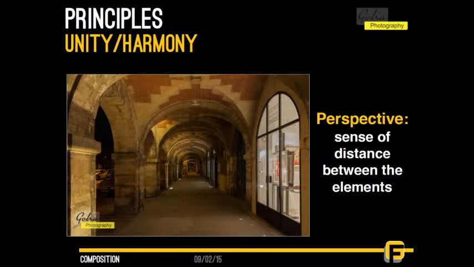There is a very strong unity there, everything is joined together. But harmony helps me understand there is a perspective. And what is a perspective? It is a sense of distance. It tells me there is a distance between each pillar. They are not next to each other, because this illusion is not reality. There is a space there. That is what the perspective shows me.